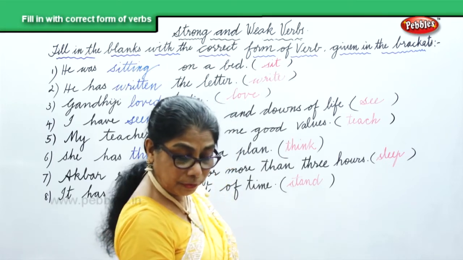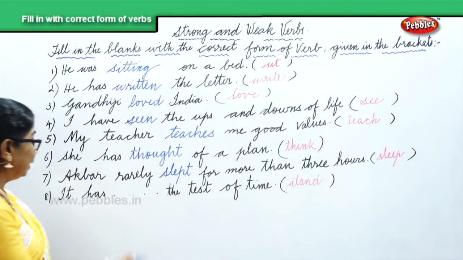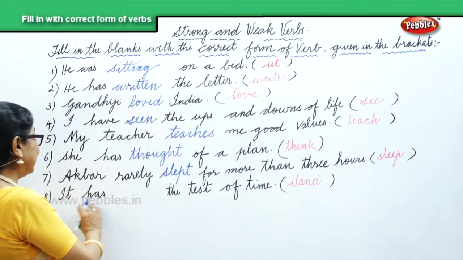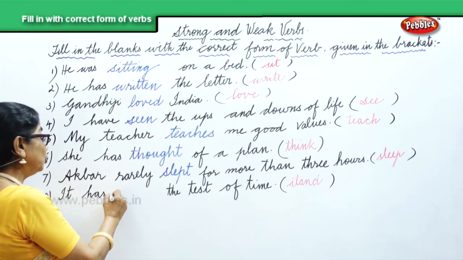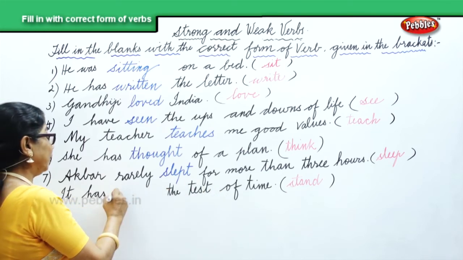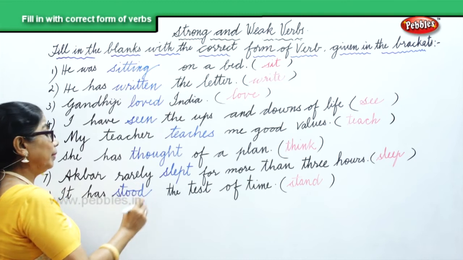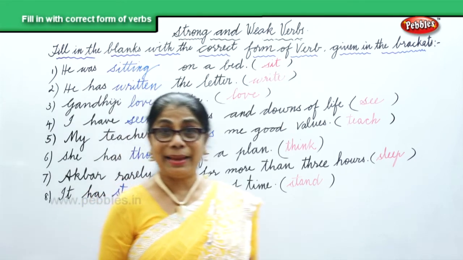You change the form of the verb, and you have written here, it has stand the time. No, it has stood. Very good. It has stood the test of time.